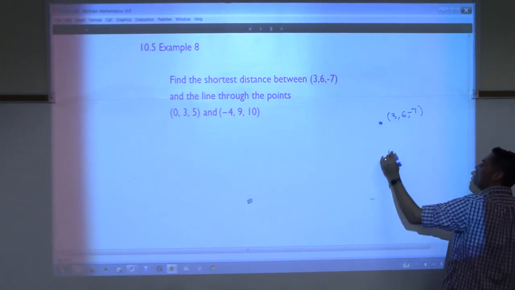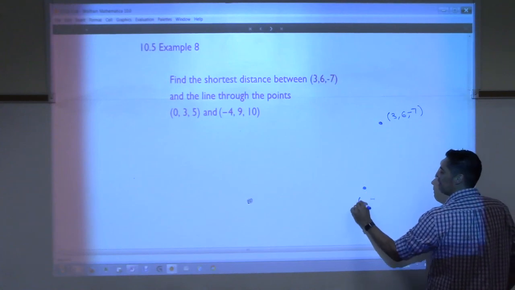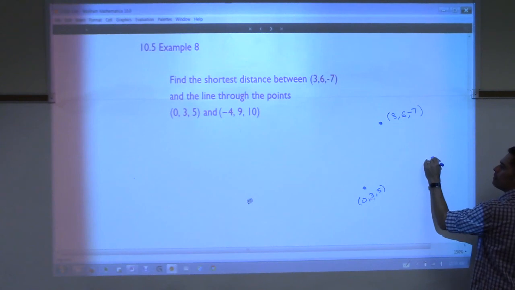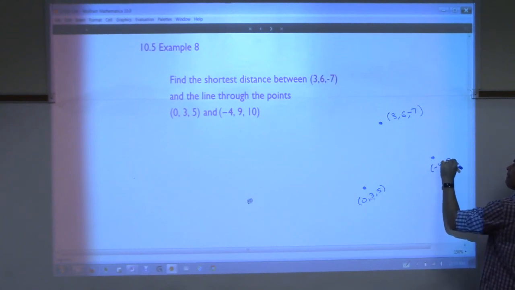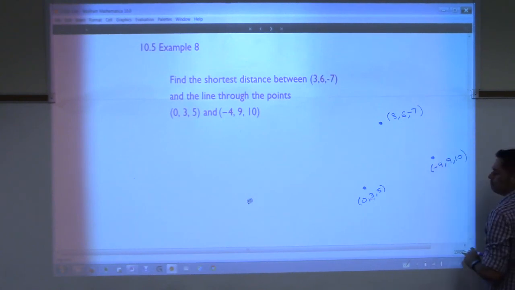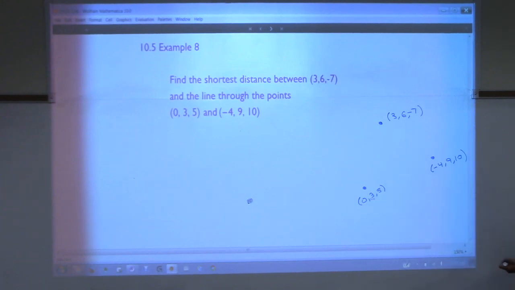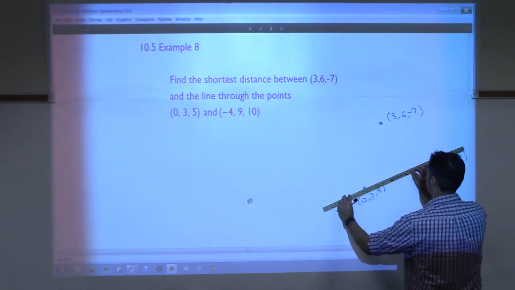Because I could be sitting anywhere in arbitrary space here. I'm trying to find the shortest distance between this point and the line that connects these 2 points.